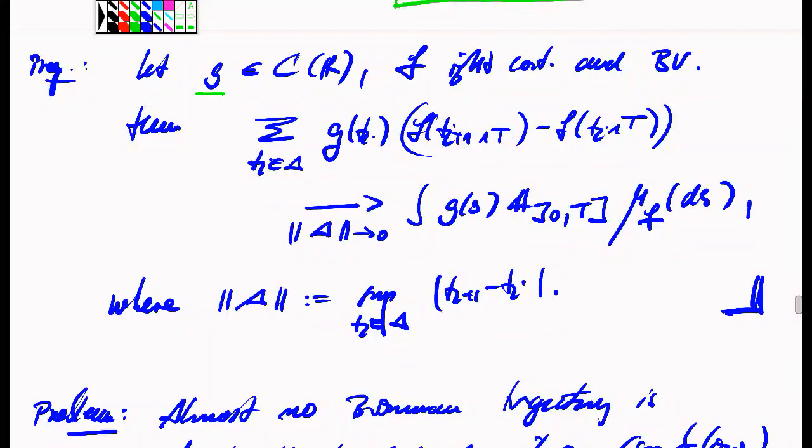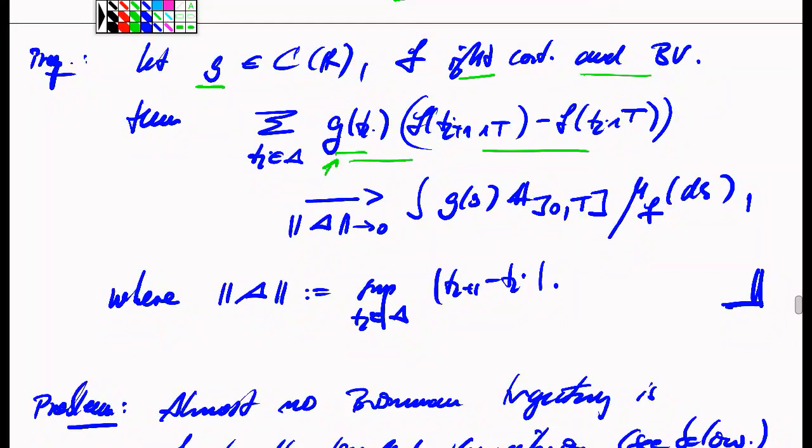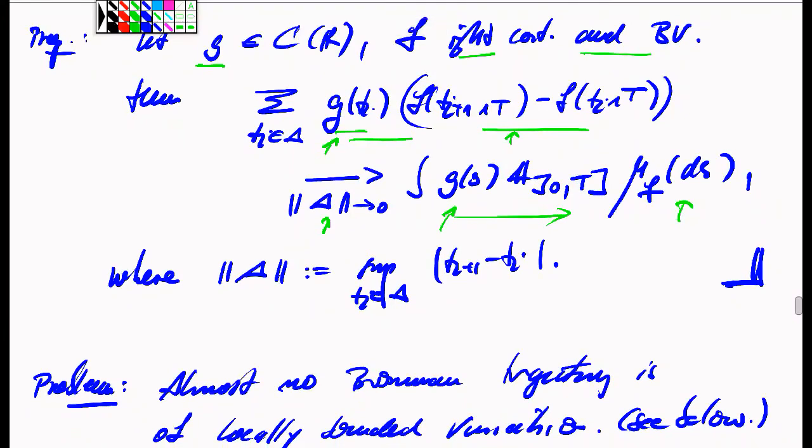namely if we have a function g which is continuous, which we want to integrate with respect to the infinitesimal jumps of a given function f, and if that function f is right continuous and of bounded variation, then as before we have that these discretized integrals, or these Riemann sum type integrals, which integrate the function g against the increments of f, do converge to the integral of the function g with regards to the Lebesgue-Stieltjes measure that is associated to this function f, when the grid size, or the step size of this approximation, tends to 0.